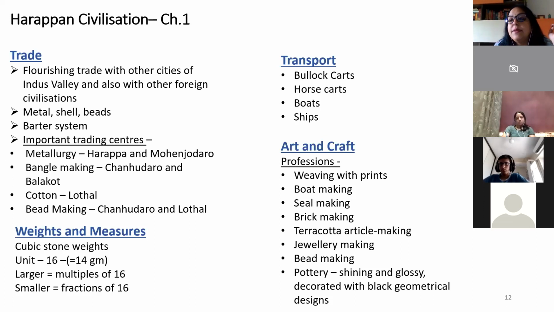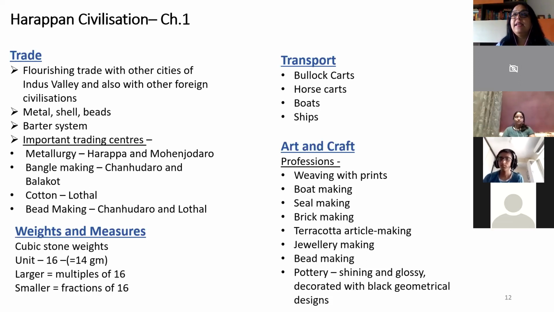Now, weights and measures. If we want to do trading, we have to measure. If you go to a vegetable shop, you will want 1 kilo of bhendi or something. The shopkeeper has to weigh, he has to know how much to give you. Same way, those days they also had weights.